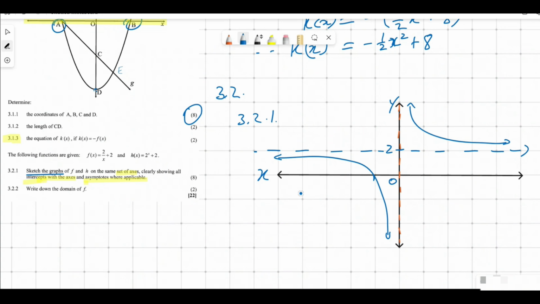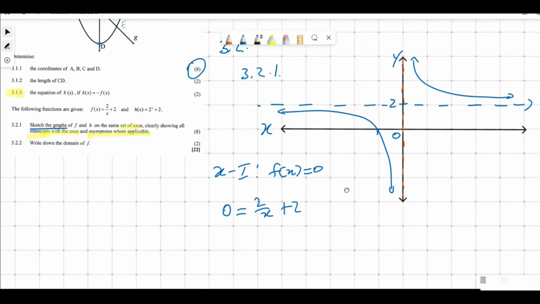So the x-intercept, for what? For f of x, isn't it? That is to say, f of x is equal to 0. Then we go to our equation, f of x. We put 0 where there is f of x, 0 equals 2 over x plus 2, and solve for x.